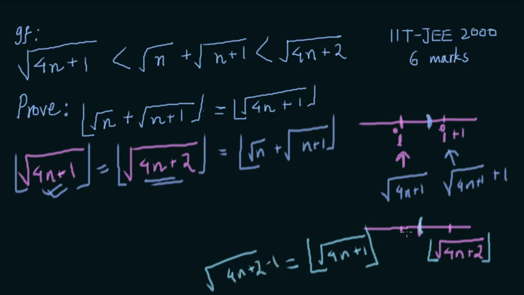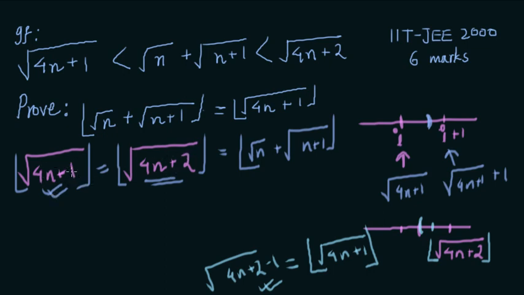Because this is the integer right next to it, to the left. Similarly, p lies between root over 4n plus 2 and root over 4n plus 1, so even its greatest integer would be this same number, right? And again in this case you can see that root over 4n plus 1 and this entity have the same greatest integer.